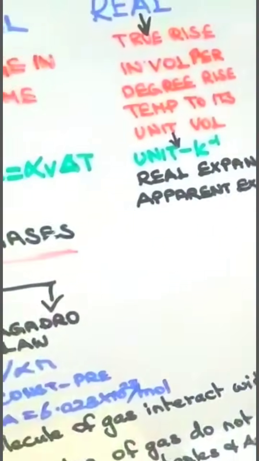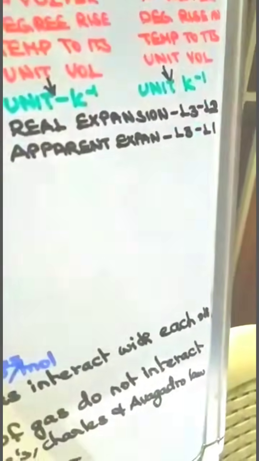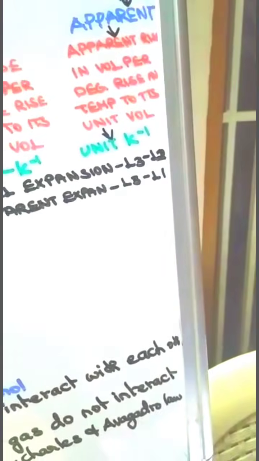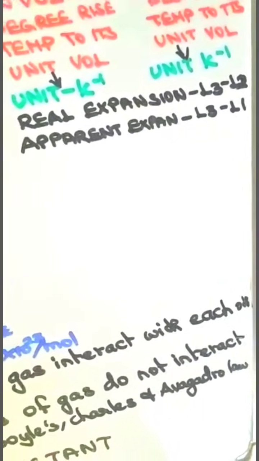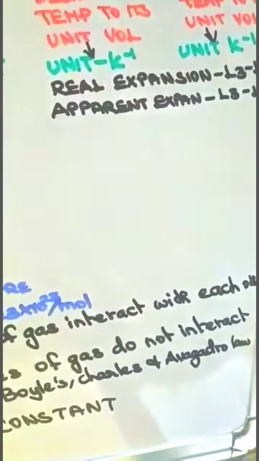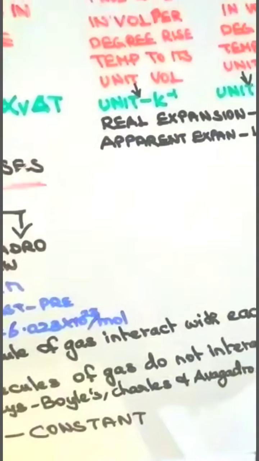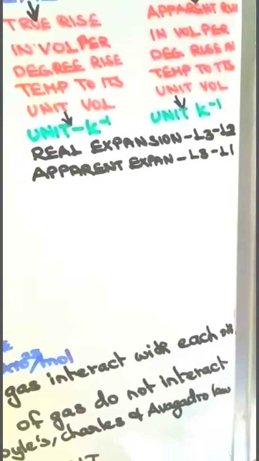Now there is an experiment to measure the real and the apparent expansion of a liquid. For this, you take a round bottom flask and you take the liquid in the round bottom flask. Now it is closed by a one-holed rubber cork and you insert a tube.